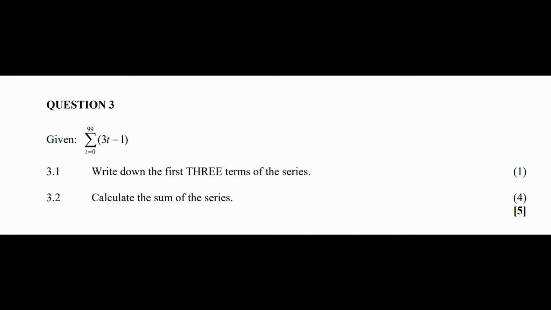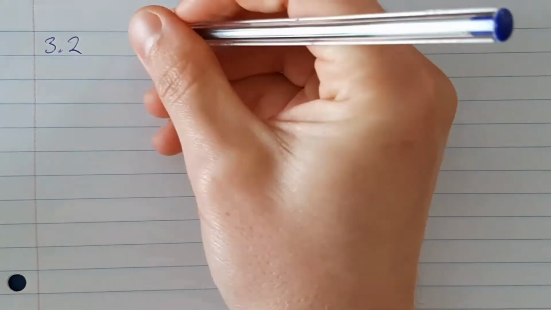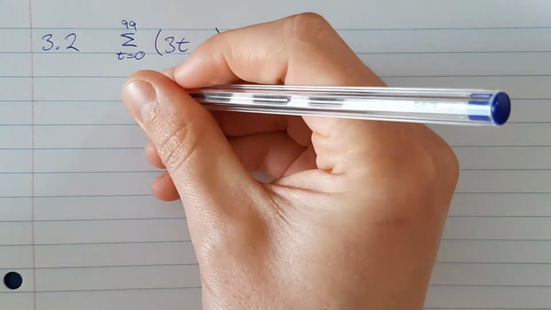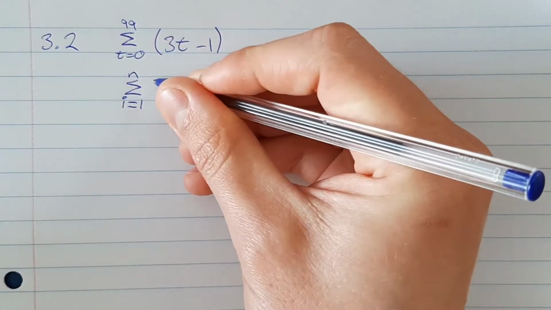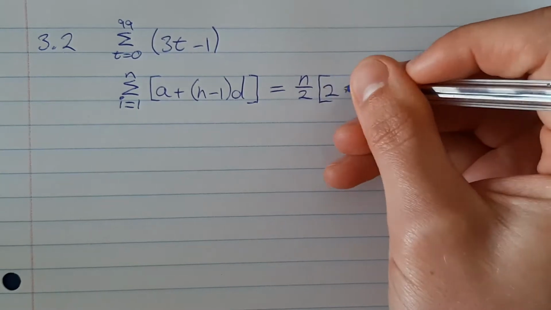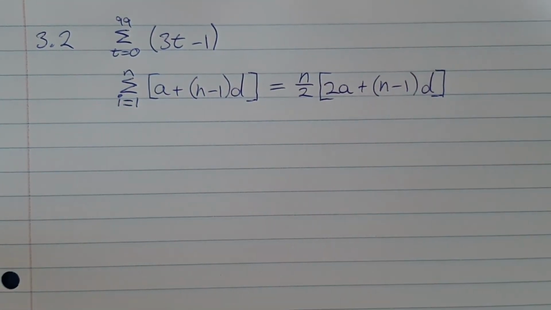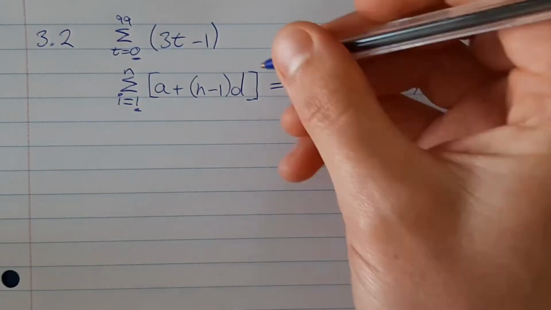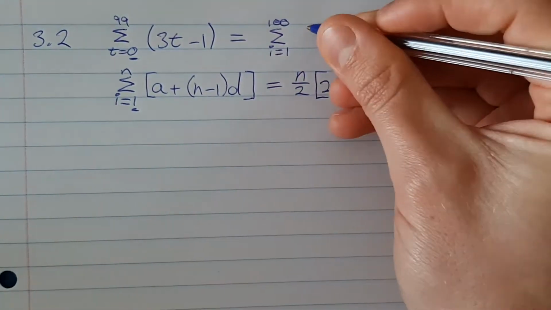Question 3.2 asks us to calculate the sum of this starting at 0 sequence. We can do this in several ways, but I'm going to use the sum of linear sequences formula on the formula sheet. We need to get the question into the same format as the formula. We can do this by adding 1 to the top and to the bottom of the sigma letter.